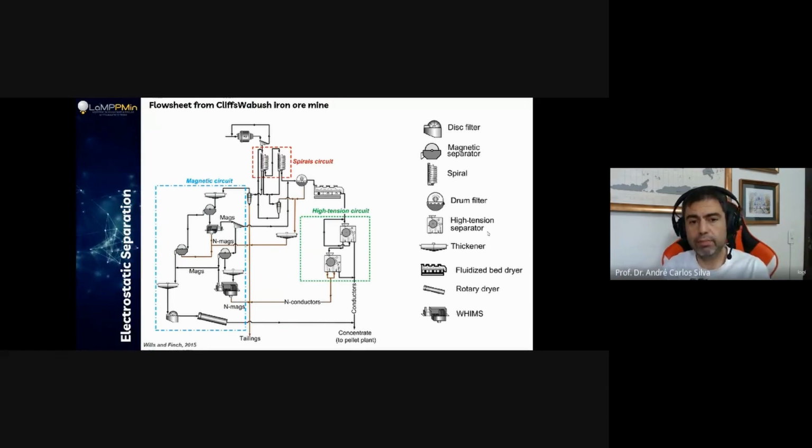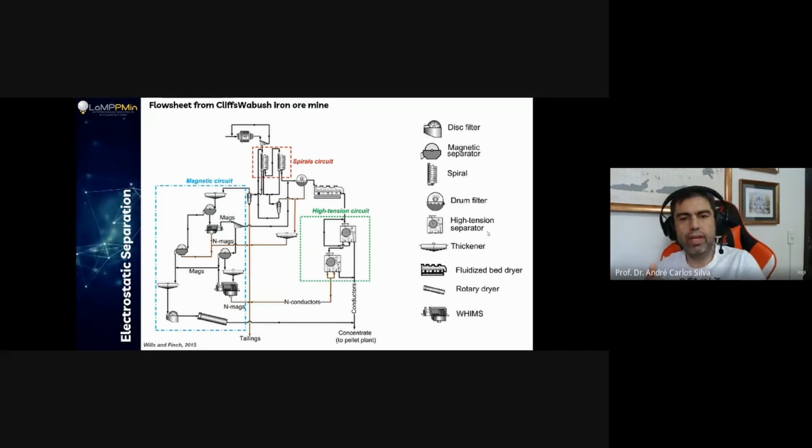We had processing plants exactly like that, except for the green area, in Brazil, working with iron ore too, but we removed this kind of route around the 90s, beginning of the 2000s. And why? Because of the consumption of electricity. Okay, and now I think we have everything that we need to come back to this. Okay, and as a matter of fact, we are coming back to this.